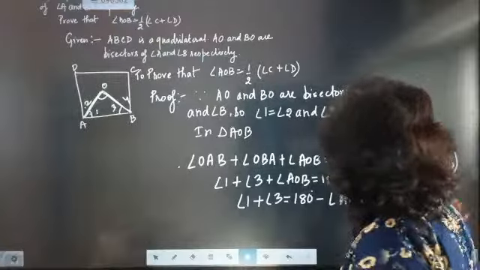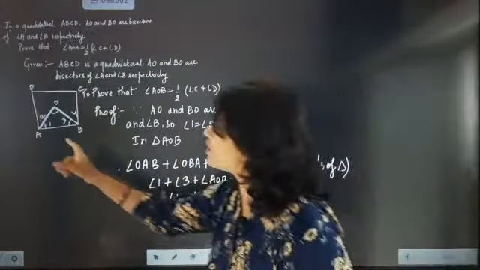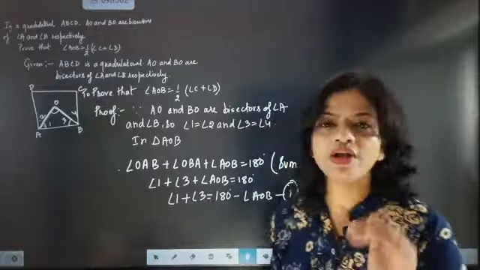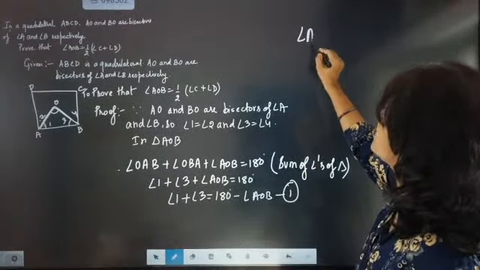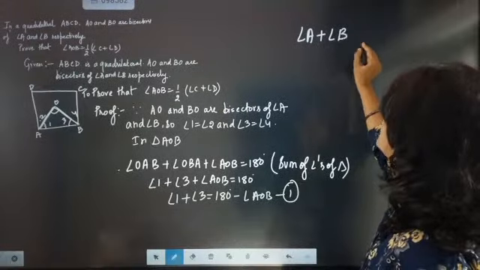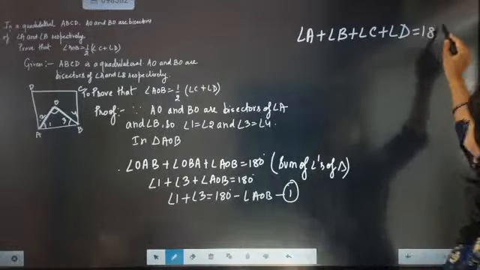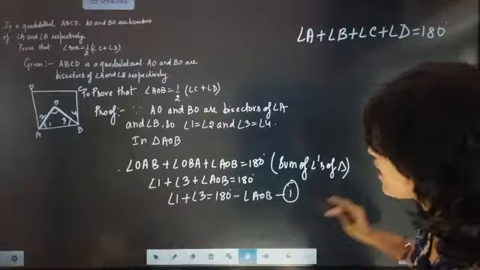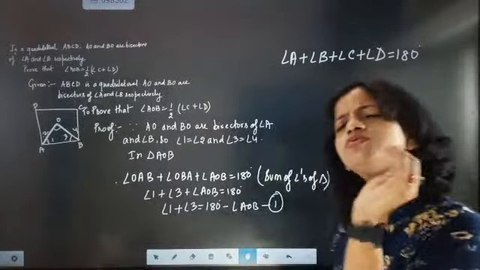Fine. So once I have left it out, I am going to start with my final quadrilateral. We know that the sum of angles of a quadrilateral is what? So we will write angle A plus angle B plus angle C plus angle D, the sum of angles of a quadrilateral. After going till here, you just have to play 1, 2, 3 small shots.